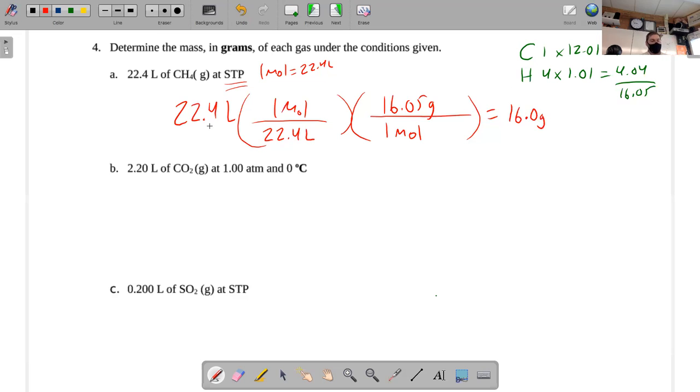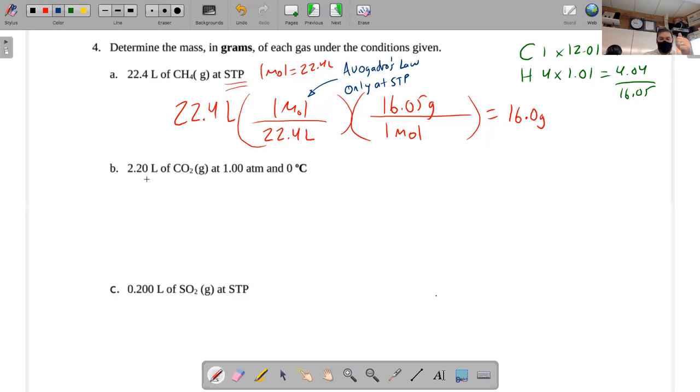It happens to be 1 molar volume. But if you don't have standard temperature and pressure conditions, you can't use Avogadro's law. So this conversion factor here, this is Avogadro's law, like we used back in March, and that's only at STP conditions, which is the only kind of condition that I told you about back when we did stoichiometry involving quantities with gases.